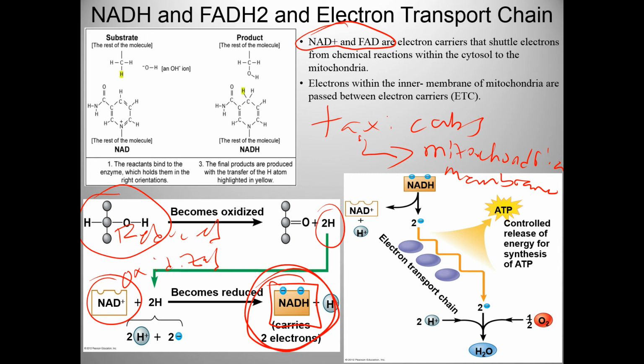NADH, which is reduced here, gives up its electrons to proteins in the membrane. NADH becomes oxidized to NAD+, and the protein in the inner membrane becomes reduced.